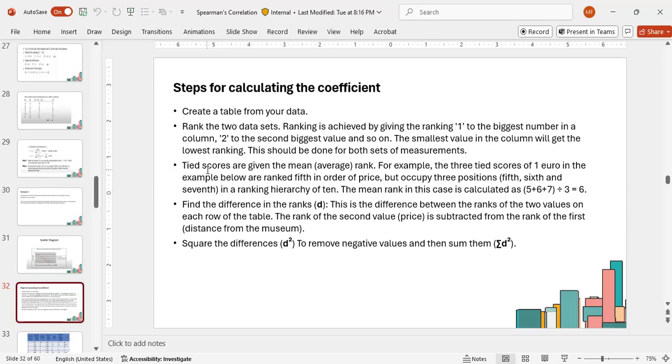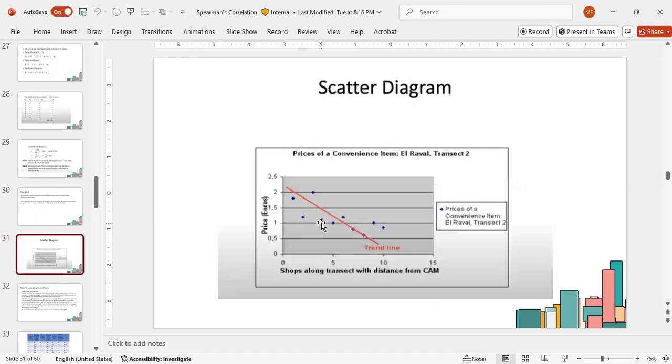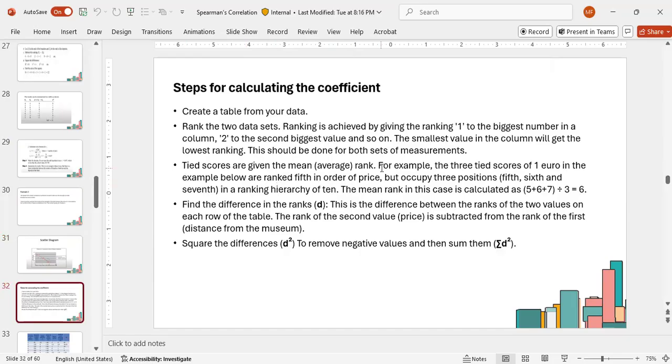I'll show you what this point is saying. Here you can see that there were three shops selling this water bottle at 1. Here, this one, and this one. All of these three shops are selling it at the price of €1. So they will get the positions of 5th, 6th, and 7th, but you cannot rank these three values at 5th, 6th, and 7th, because we are ranking according to size: the biggest number will get 1, the second biggest will get 2, the third biggest will get 3, and so on.